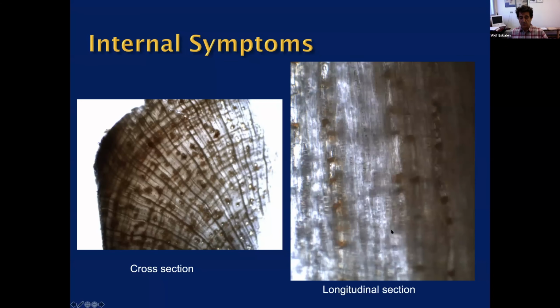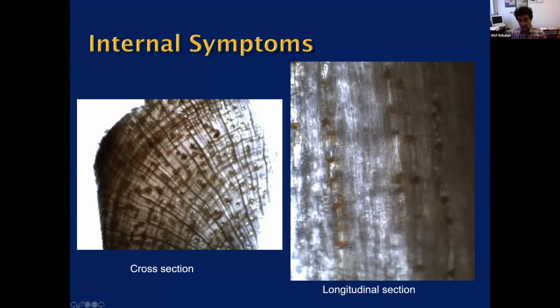So this is the longitudinal section of the xylem vessels. I just want to explain that part. It's not a continuous kind of hose. The xylem vessels are made by the pit membranes.